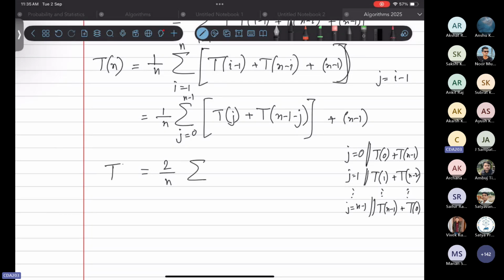So I'm writing it again: Tn is the sum, j runs from 0 to n minus 1, of tj, plus a n minus 1. Everyone following this?